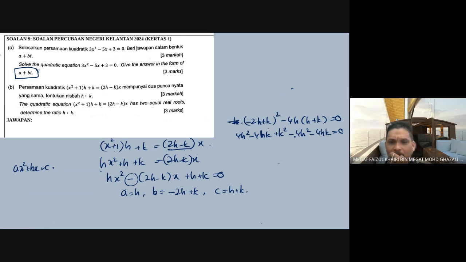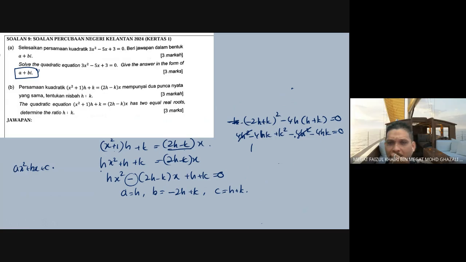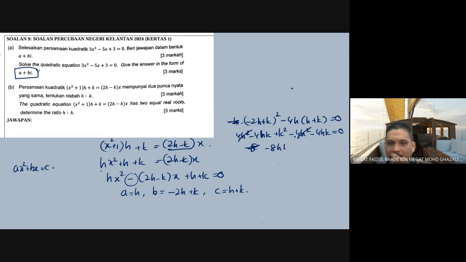Okay, so negative 4hk, negative 4hk, negative 8hk plus k squared equal to 0.